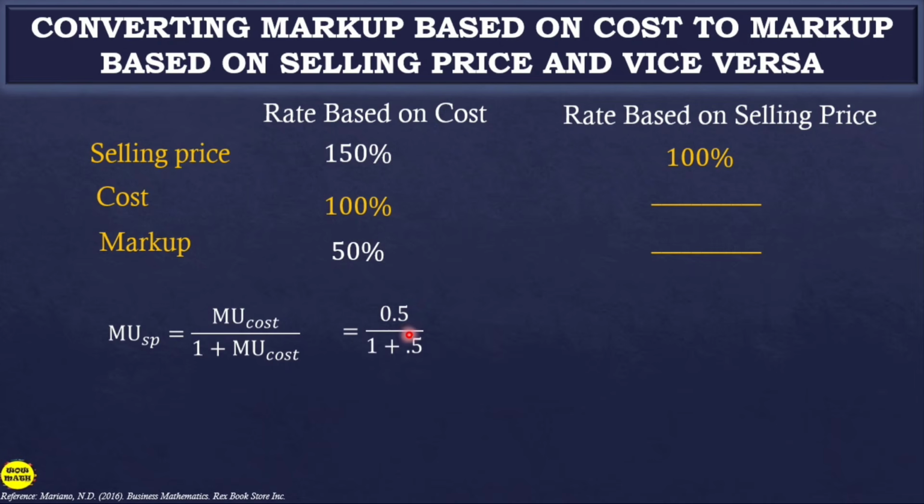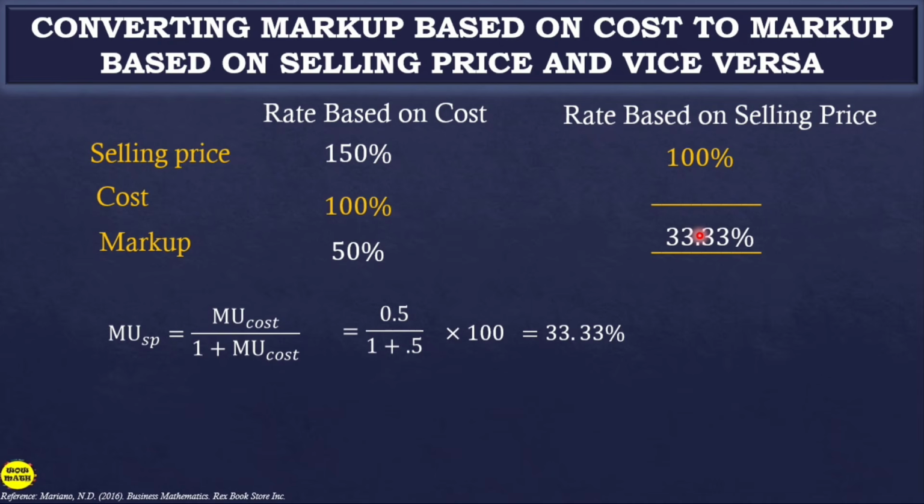And then divided by 1 plus 0.5. Or pwede rin naman class, 50% divided by 150%. I-direct nyo na. So, using this formula, para masanay lang din kayo, 0.5 divided by 1 plus 0.5, or that is 1.5 na. So, times 100. So, 0.5 divided by 1.5 times 100, the answer is 33.33%.